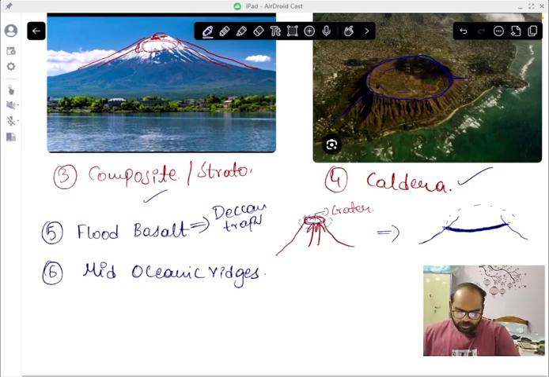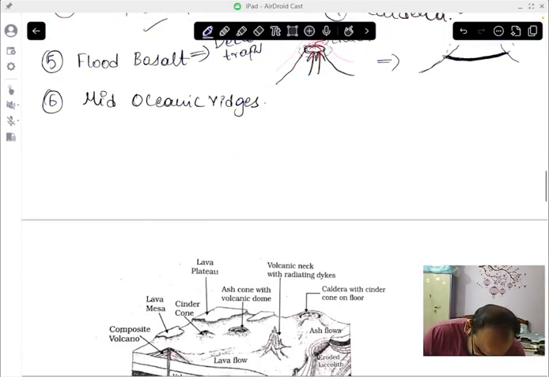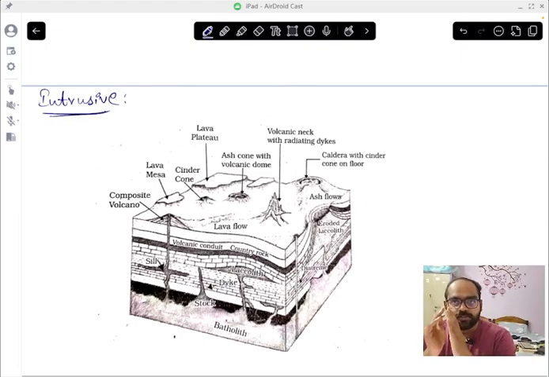Now we'll learn about intrusive forms. Sometimes the magma inside the earth, while traveling through the conduit or the pipe, gets solidified in the interior of the earth only. If the lava comes out to the ground and gets solidified, we call it a volcanic rock.